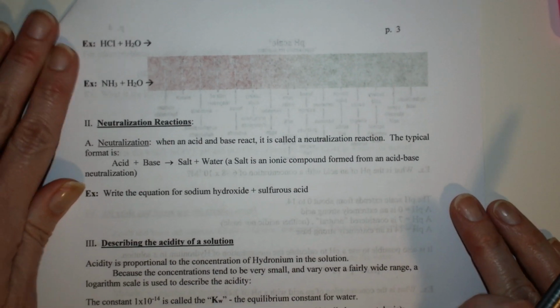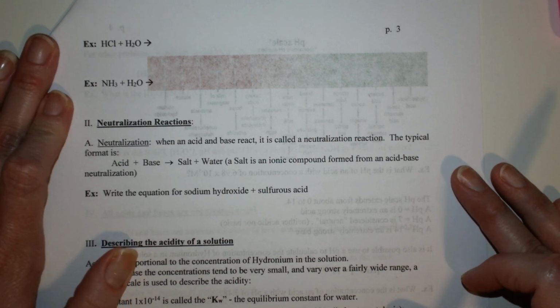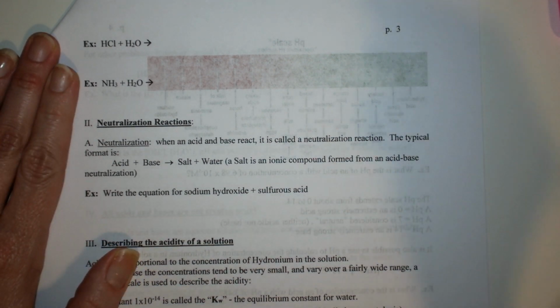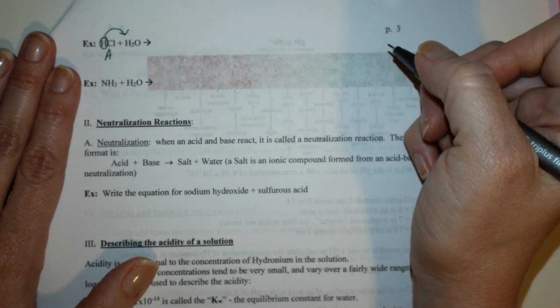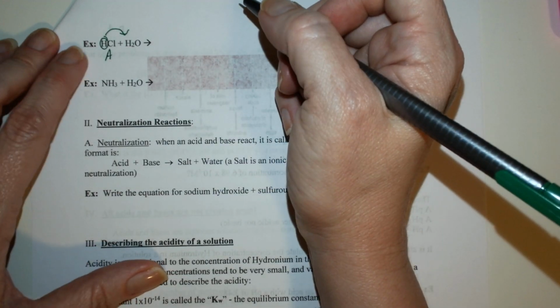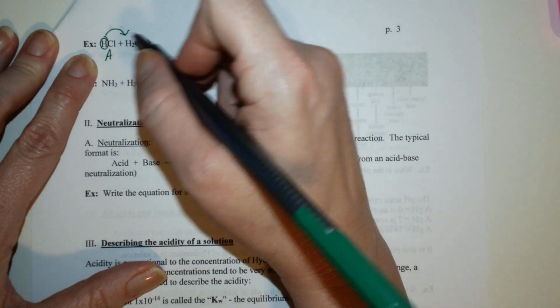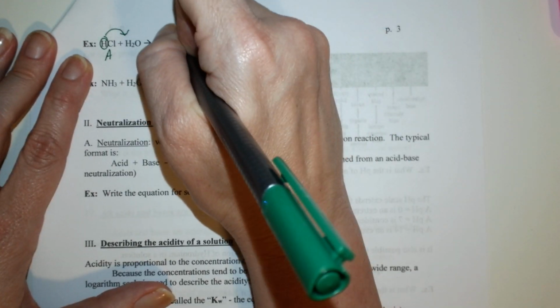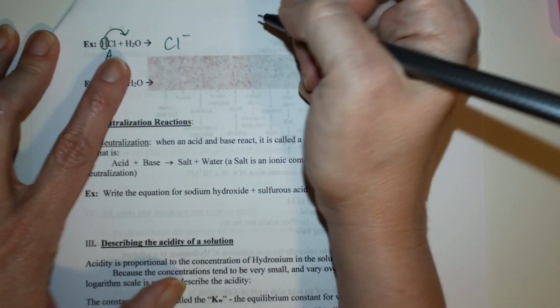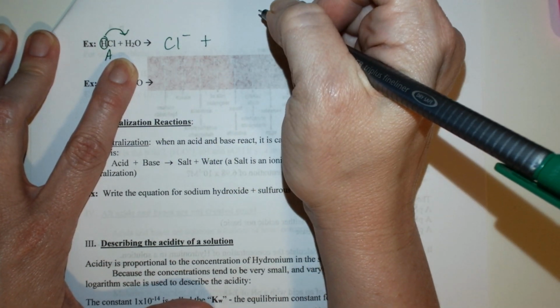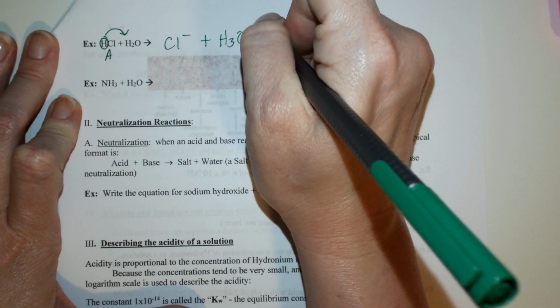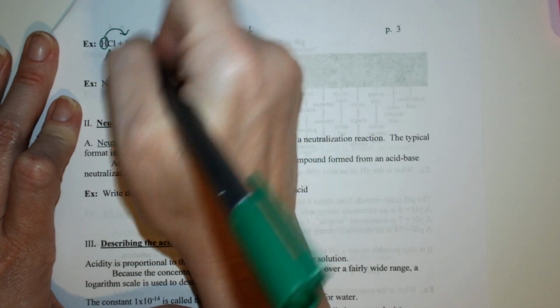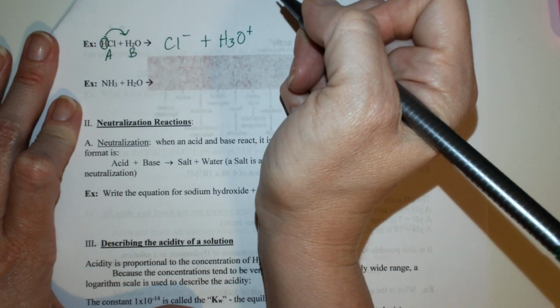A couple of examples. If we had hydrochloric acid with water, this is your acid. It's going to give that hydrogen to water. You'll have the leftovers from hydrochloric acid, which will be chloride, and water will gain a hydrogen, so it will become hydronium ion. Water here is acting as a base.